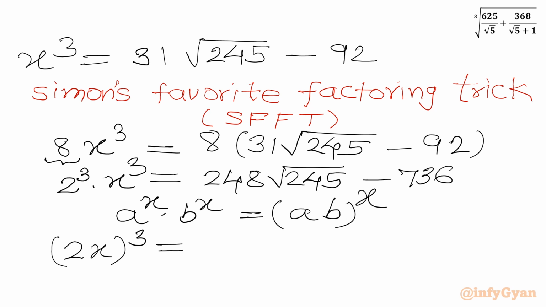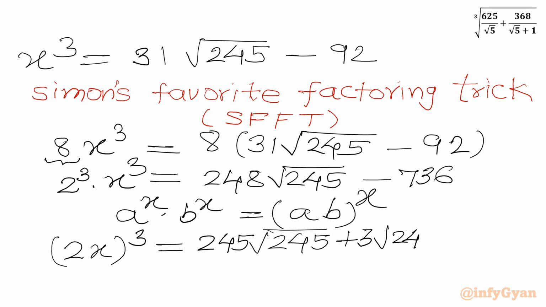And RHS we will split 248 and 736. So we can split 245 plus 3 as 248. So we can write square root 245 plus 3 times square root 245, and minus 736 we will write as minus 735 minus 1.